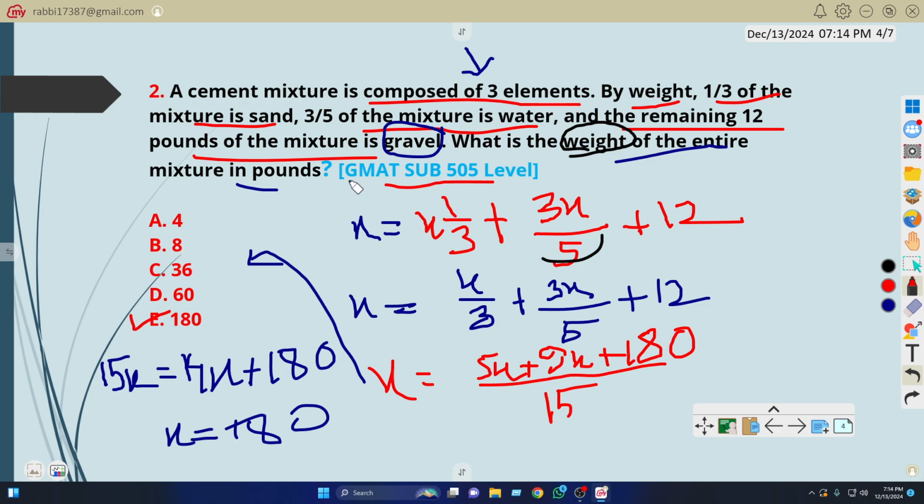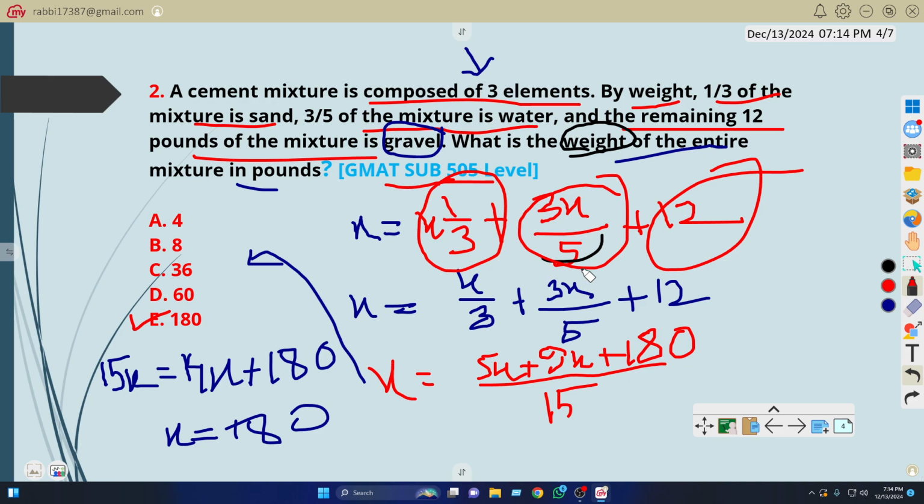So in this cement mixture, there are three types of mixture: one is sand, another is water, and another is gravel. Adding them gives the total weight of the cement, which is x, and x is 180 pounds, and we can easily find the difference.